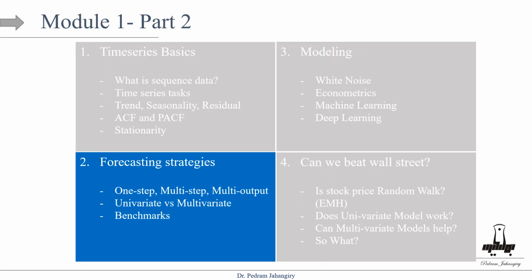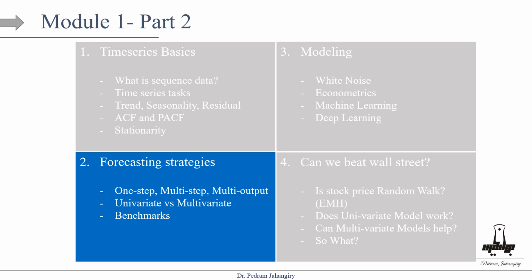This concludes part 2 of module 1, demystifying time series data and modeling. In part 1, we talked about some basics. In part 2, we covered forecasting strategies. And in the next part, I'm going to talk about modeling. No matter what model we use, we are going to show the performance of those models for 3 different types of forecasting strategies: one-step-ahead, multi-step-ahead, and multi-output forecasting horizons.